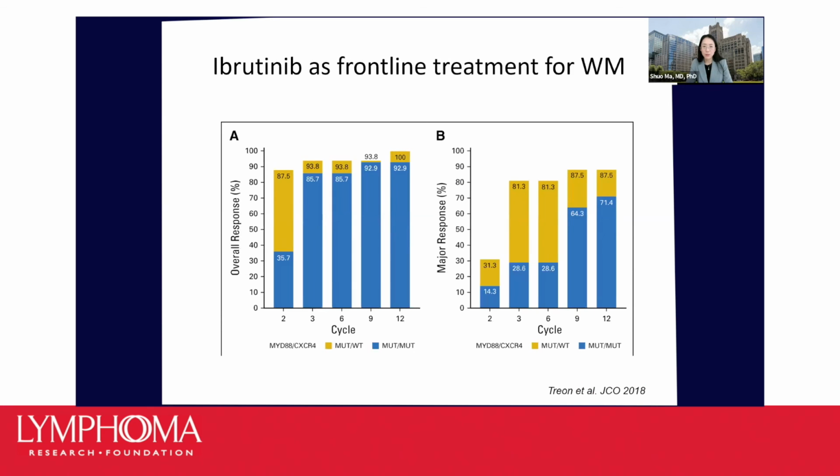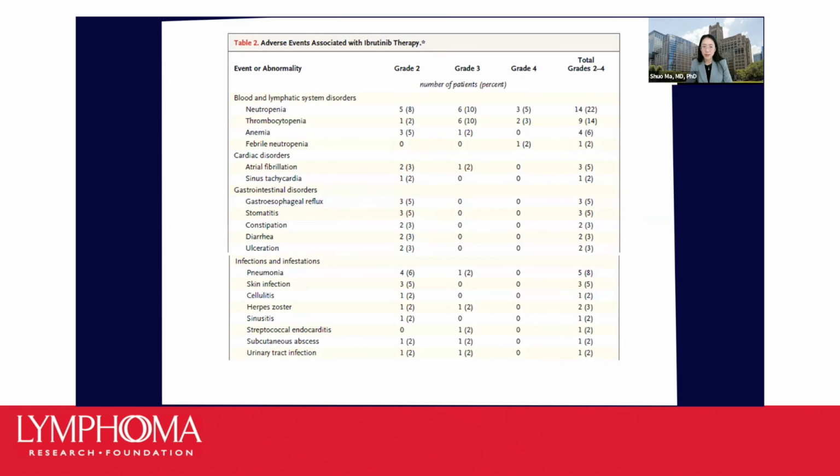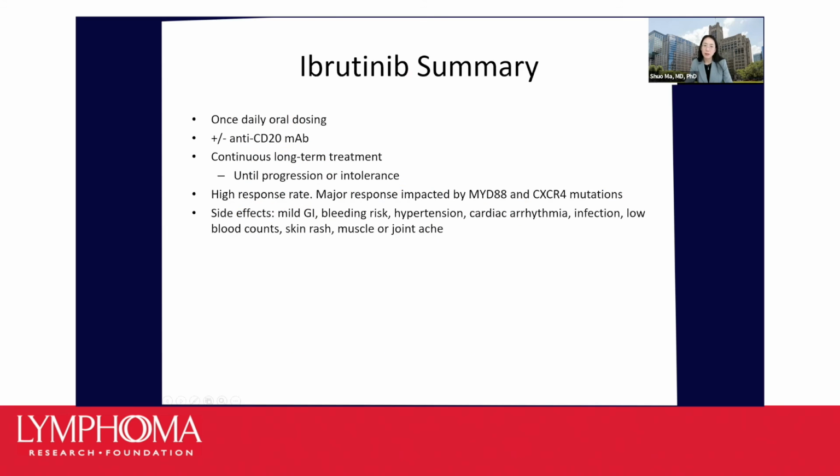I won't go into too much detail for the sake of time, but to summarize, ibrutinib is FDA approved as a single agent or in combination with an anti-CD20 monoclonal antibody. Again, this is oral therapy, once daily, continued until progression.